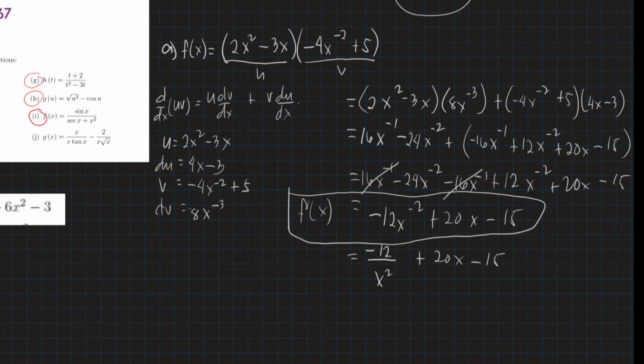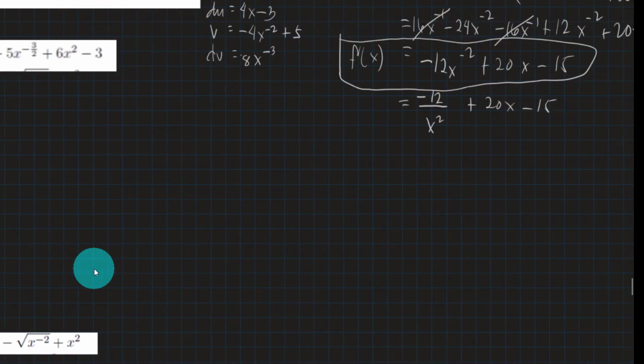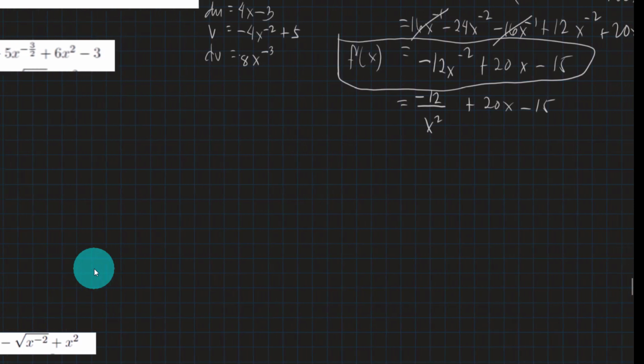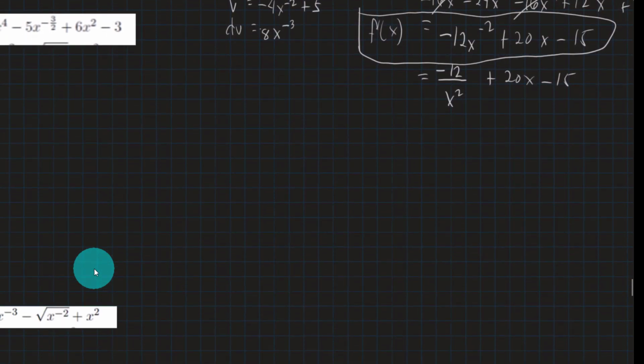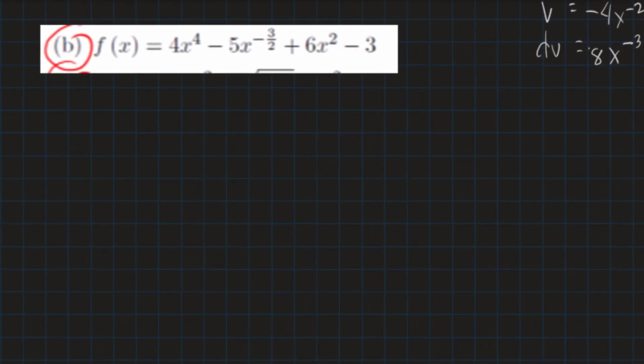Another one. Okay, so we have f of x is equal to 4x to the fourth minus 5x raised to negative 3 over 2 plus 6x squared minus 3.